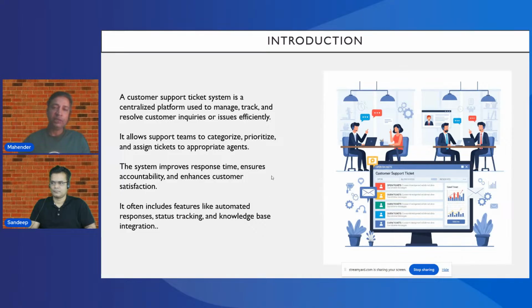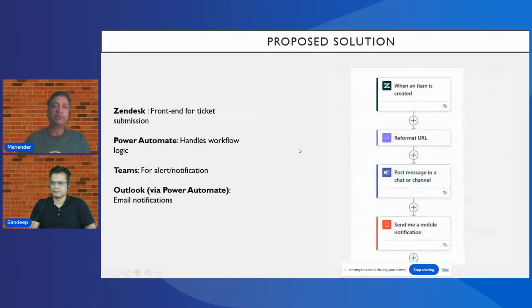So in today's use case, here we are using these tools as part of the Microsoft ecosystem. First we have Zendesk, that is totally a non-Microsoft product. Okay, so we are using this as a front end.